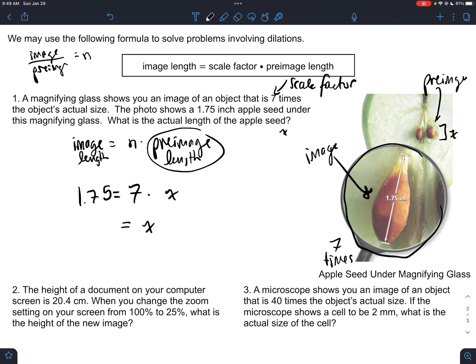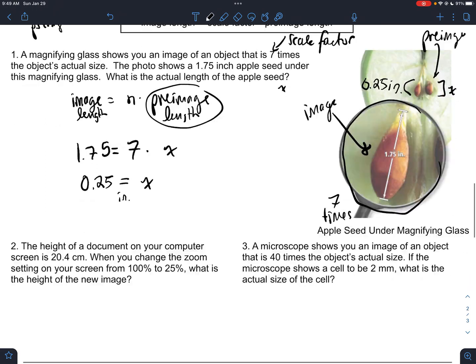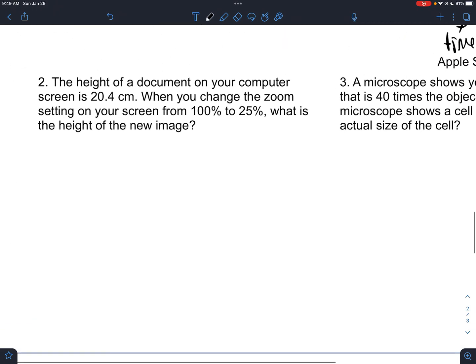So this is x here. I can just divide and get 0.25. So that means this right here is 1/4 inch. So you take the 1/4 inch thing, you put it under a magnifying glass, it scales it up by 7. That's all that happened.